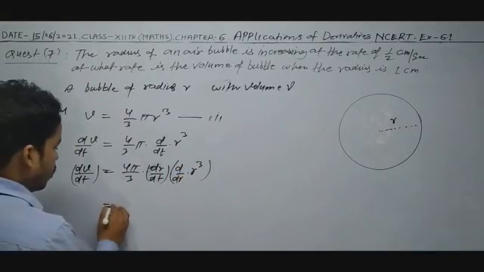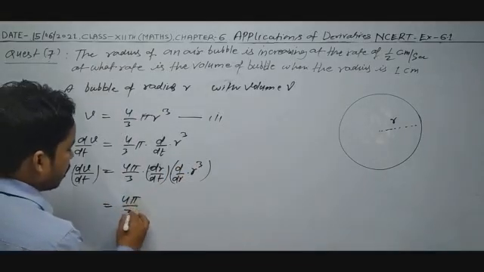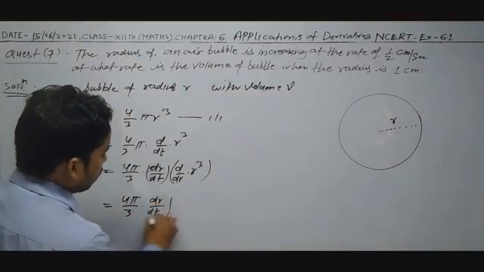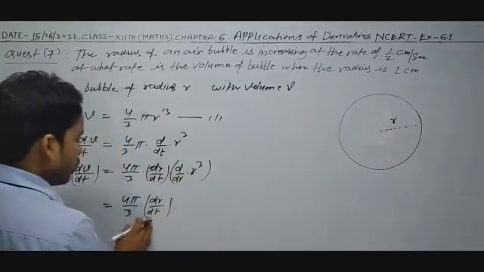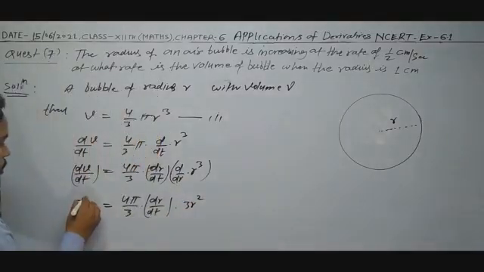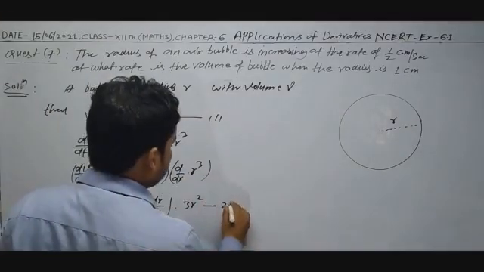So 4 pi by 3 into dr upon dt into 3r square. This is the value of dV by dt. Consider equation 2.